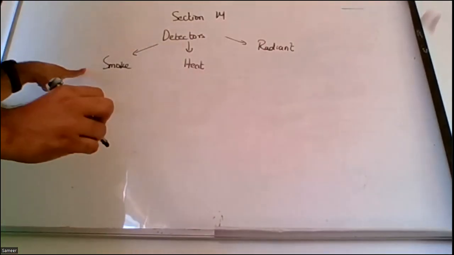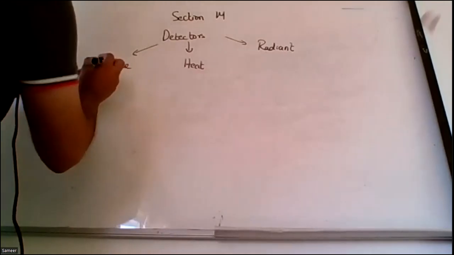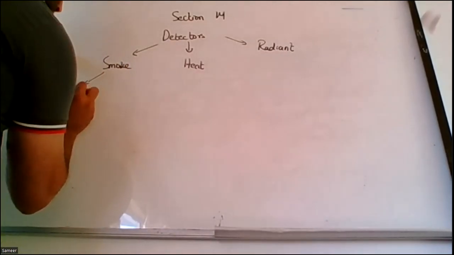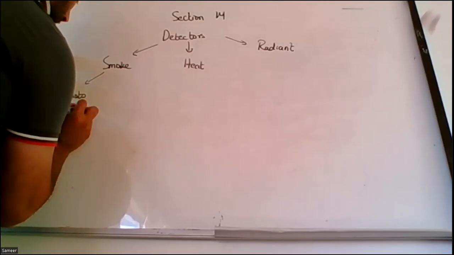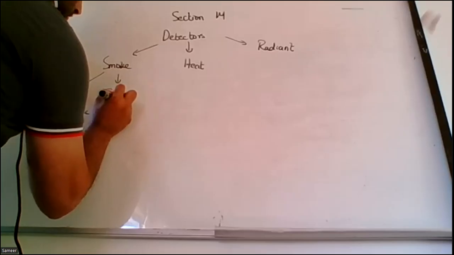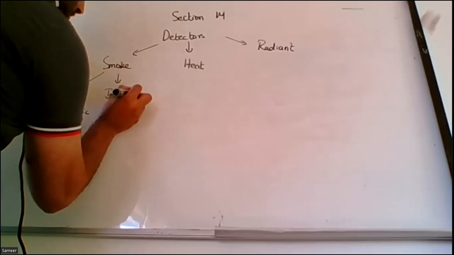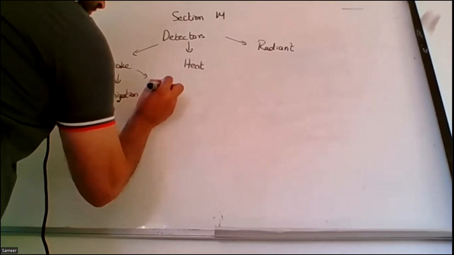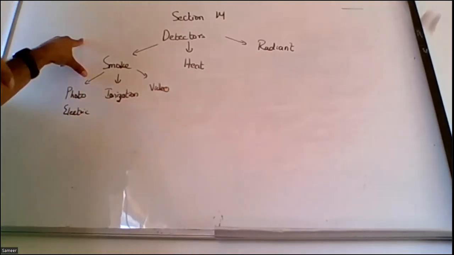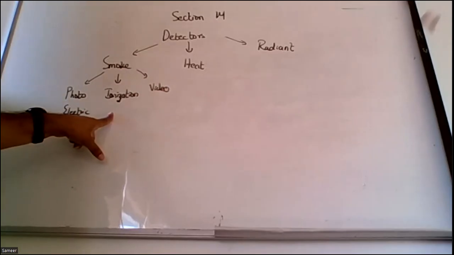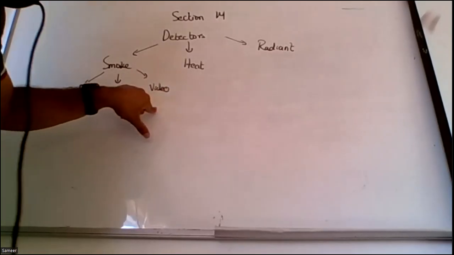Smoke detectors can be categorized into 3 types: photoelectric, ionization, and video based detectors.